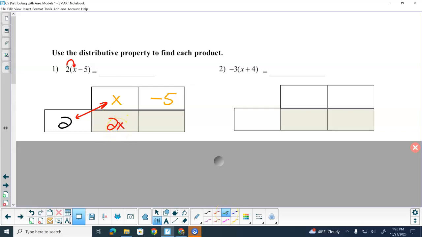Then, multiply here is that second hump that I would draw. 2 times -5 is -10. So our final answer here is 2x minus 10.